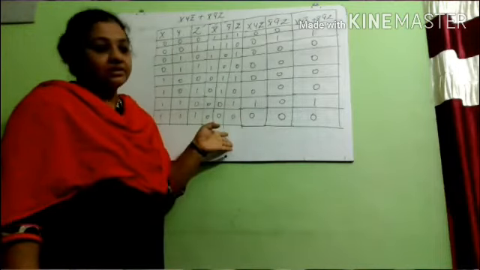So we get only one 1 here because all three values are 1. Where there is a 0, you will get 0.